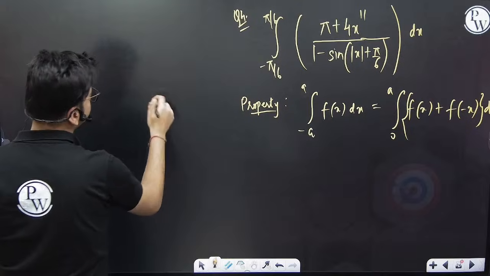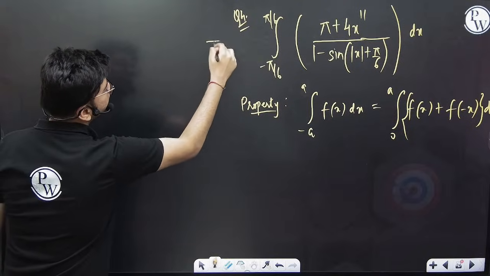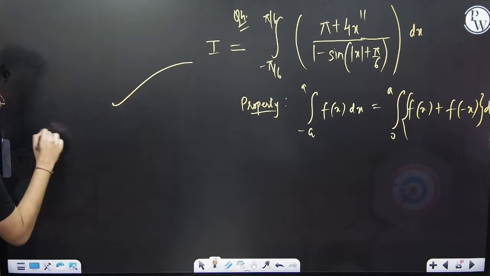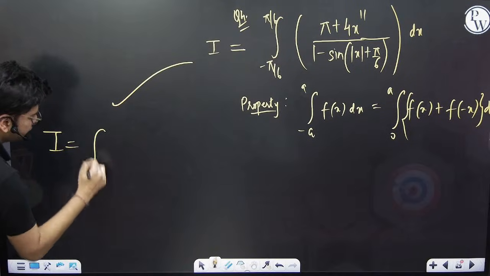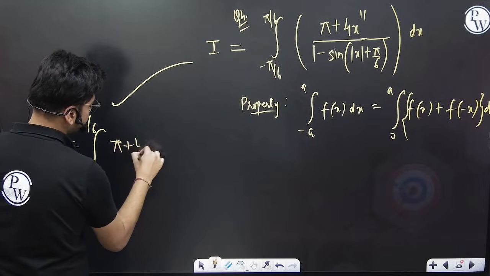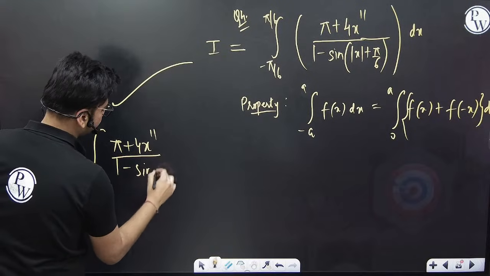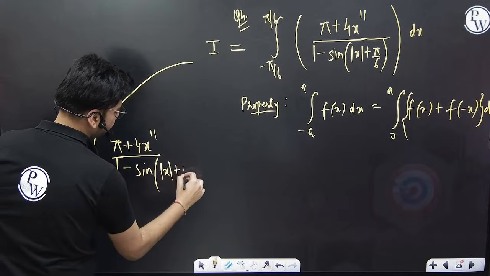So this is my I, which can be written as the integration from 0 to pi by 6. f(x) is the same thing, (pi plus 4x) raised to the power 11 upon 1 minus sine of mod x plus pi by 6.